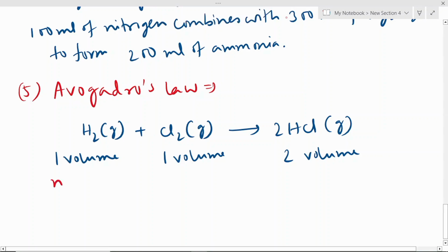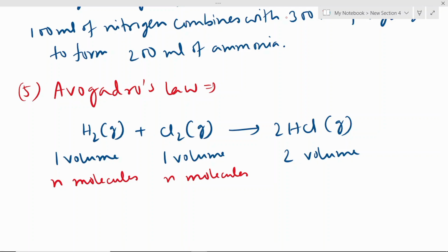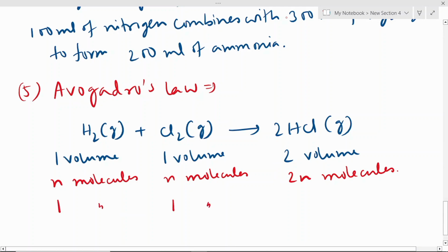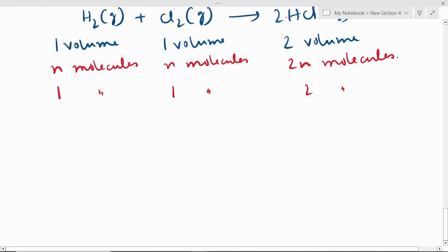Suppose hydrogen contains n molecules and chlorine also contains n molecules. As hydrochloric acid is formed as 2 volumes, 2n molecules will be formed. So we can say that 1 molecule of hydrogen combines with 1 molecule of chlorine to form 2 molecules of HCl, or we can say that half a molecule of hydrogen combines with half a molecule of chlorine to form 1 molecule of HCl.